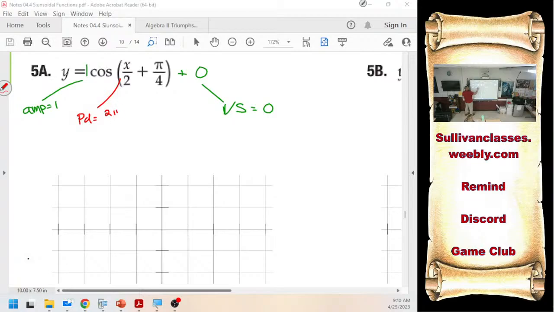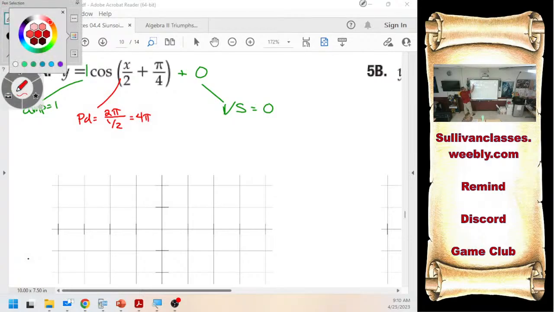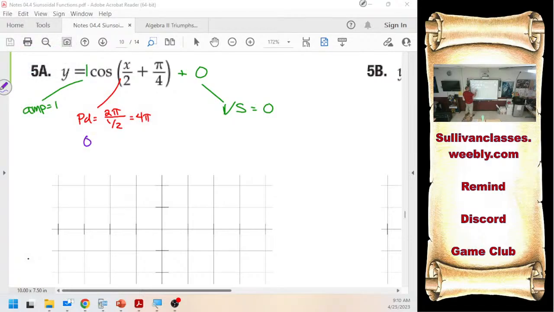Period is 2 pi over b. What is b? 1/2. Dividing by a half is the same as multiplying by 2. It's always 2 pi over b. Quarter marks. Right? That ends up quite nice.